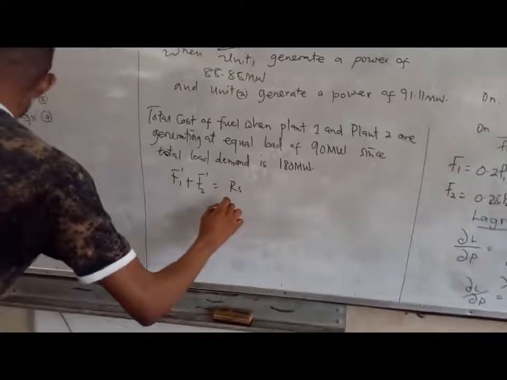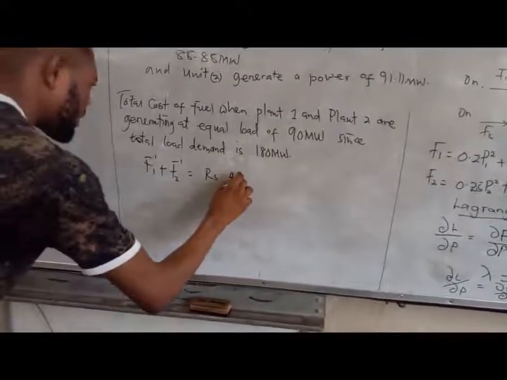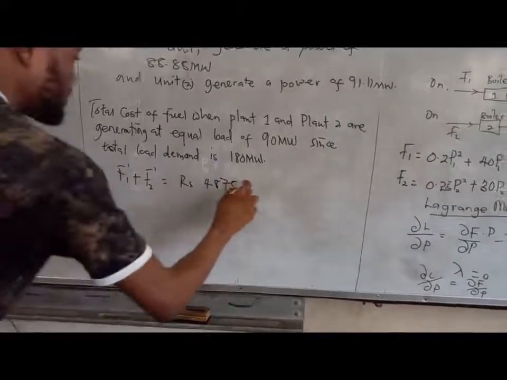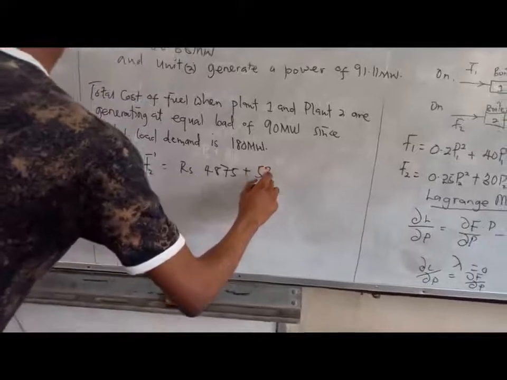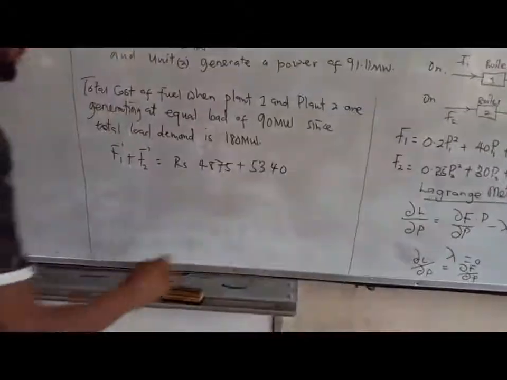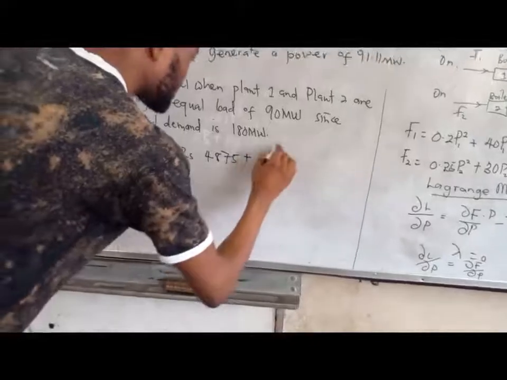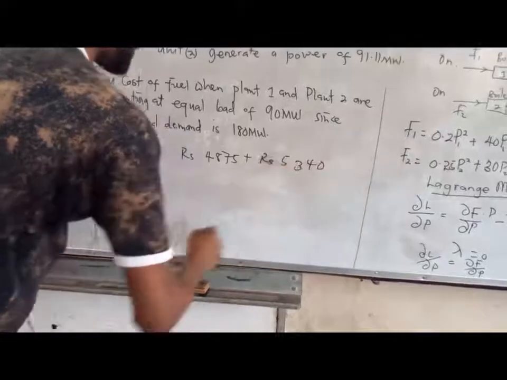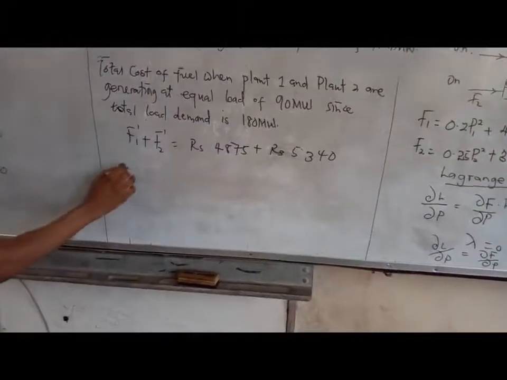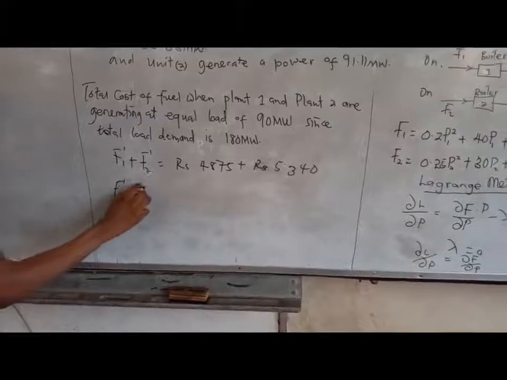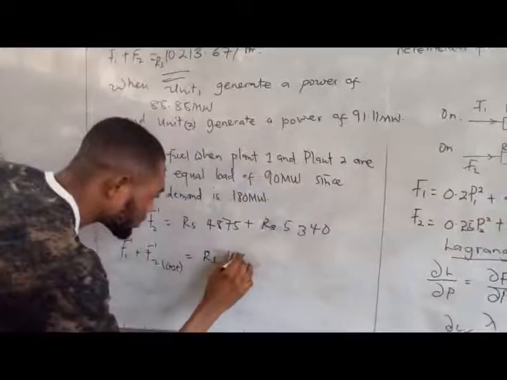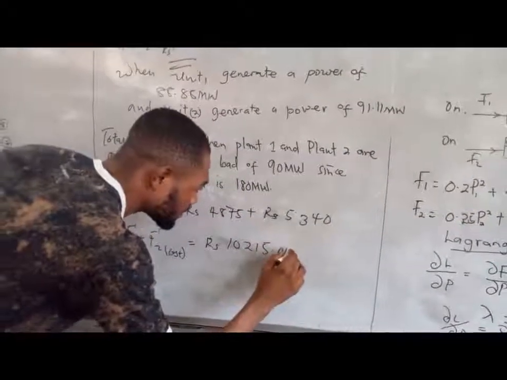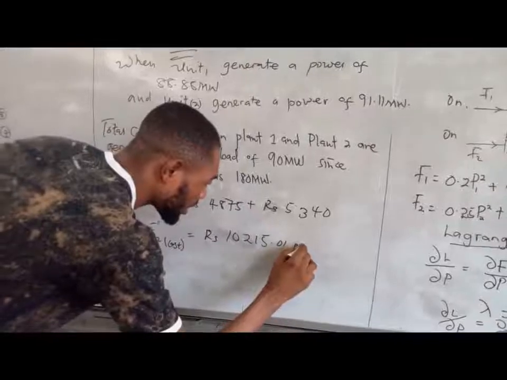Rs 4875 plus Rs 5340. Then that will give us a total of F1 prime plus F2 prime cost of 10215 per hour.